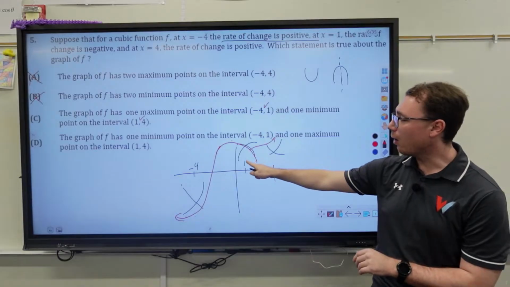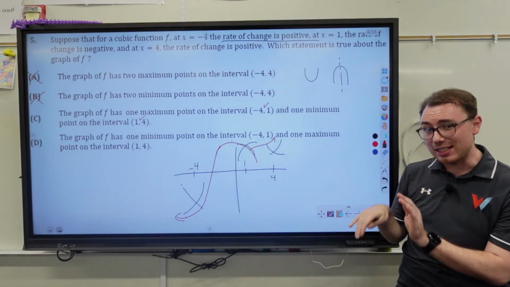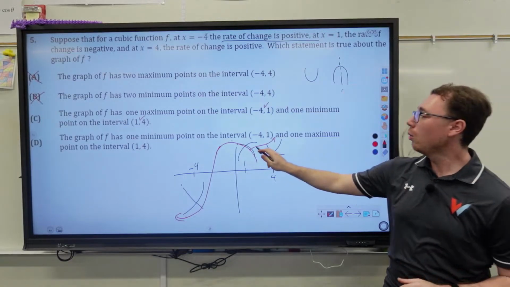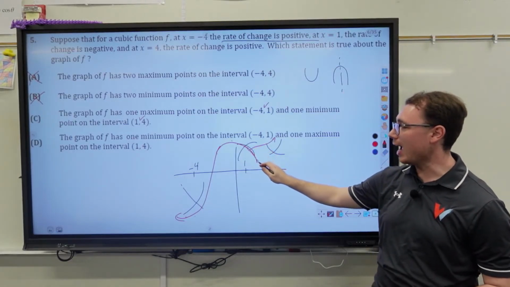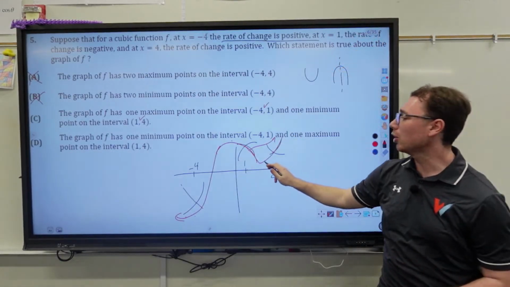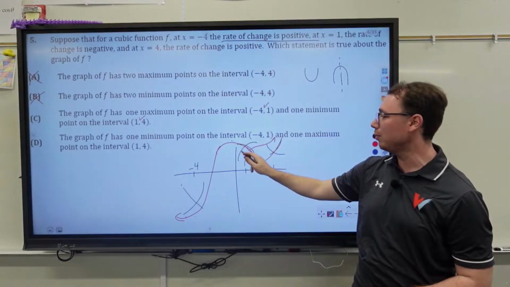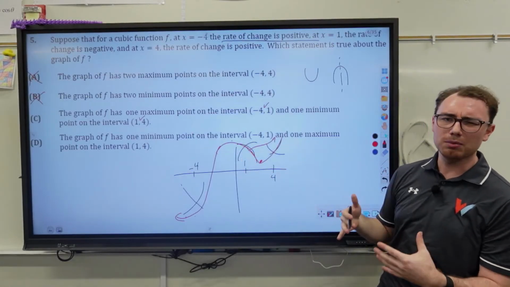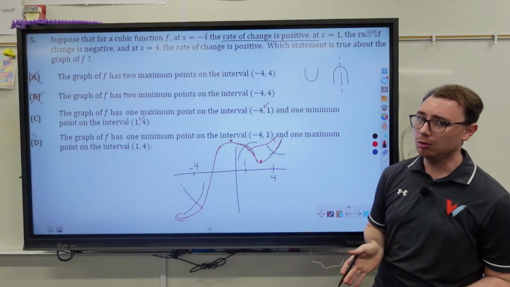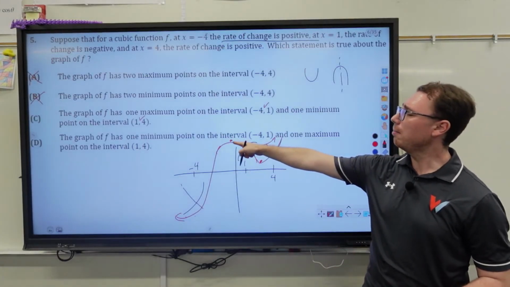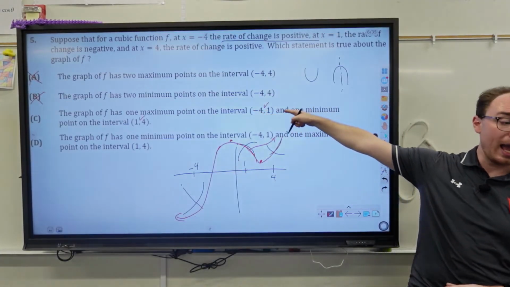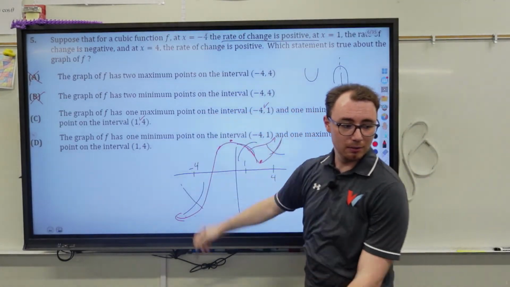If at 1 the graph is decreasing, and then at 4 it is increasing, we know the graph has to be going down at some point and then going up again at 4. So there has to be a local minimum between 1 and 4, and some maximum between -4 and 1, which could be a global maximum, we don't know. So C has to be the only right answer.